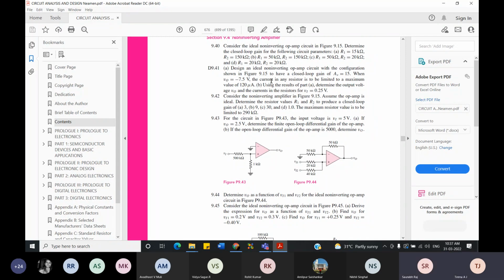Ma'am, R2 is 290 and R1 is 145. See here, no need to calculate the resistor value. You just calculate the output.